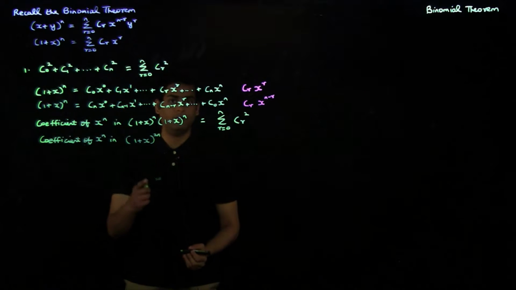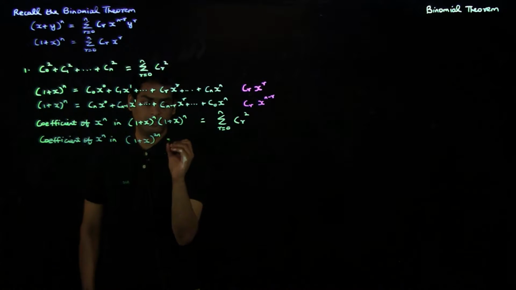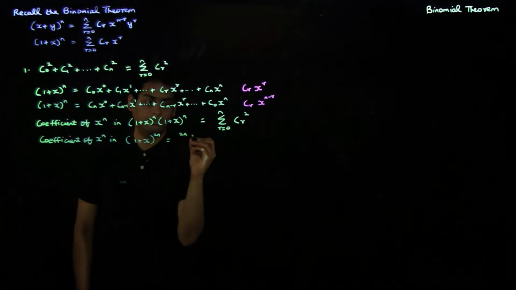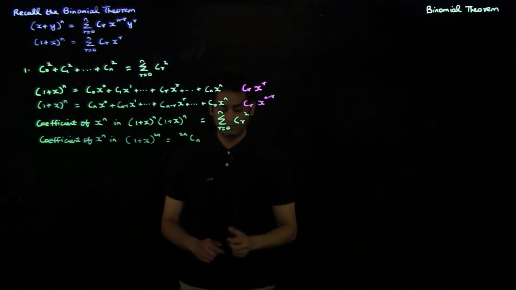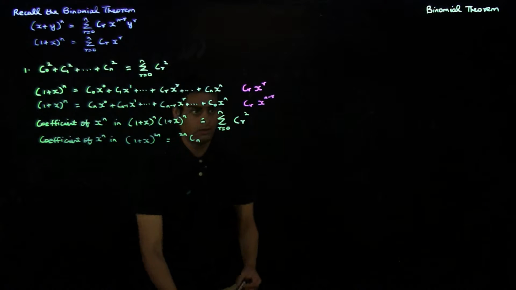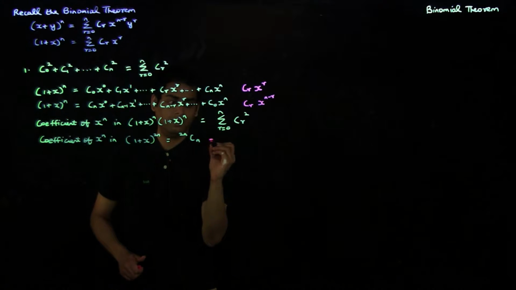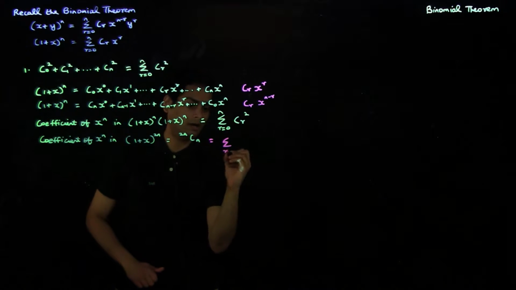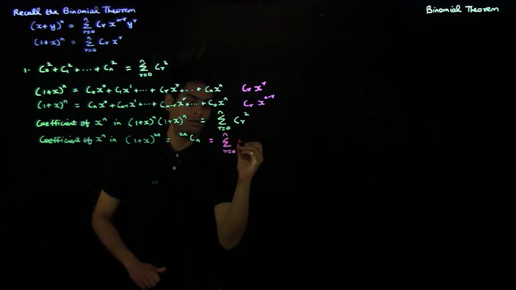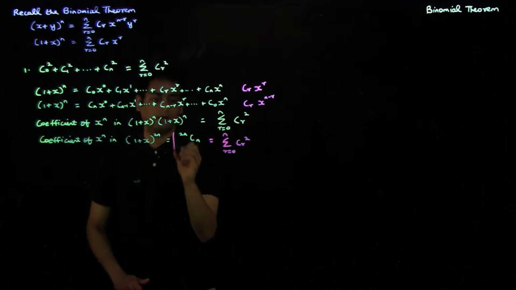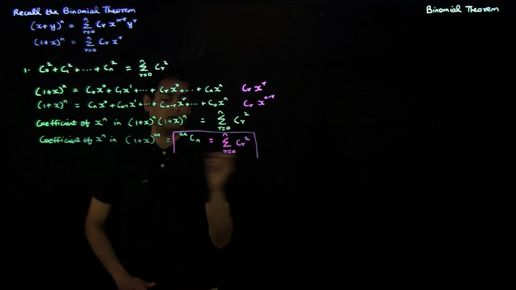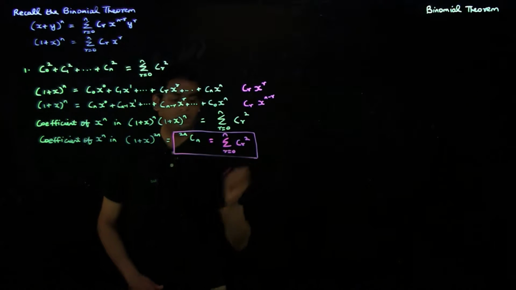And we know from the binomial theorem that this is nothing but 2n Cn. So the result is that we have summation r equals 0 to n, cr square is 2n Cn. So this is the result that we seek.